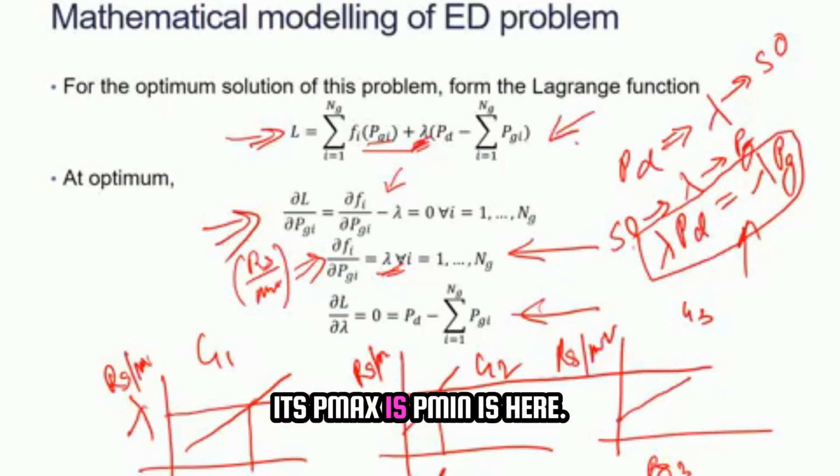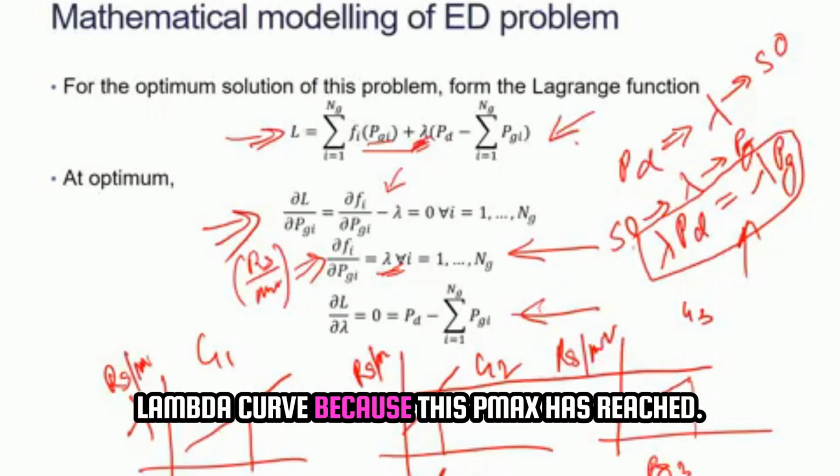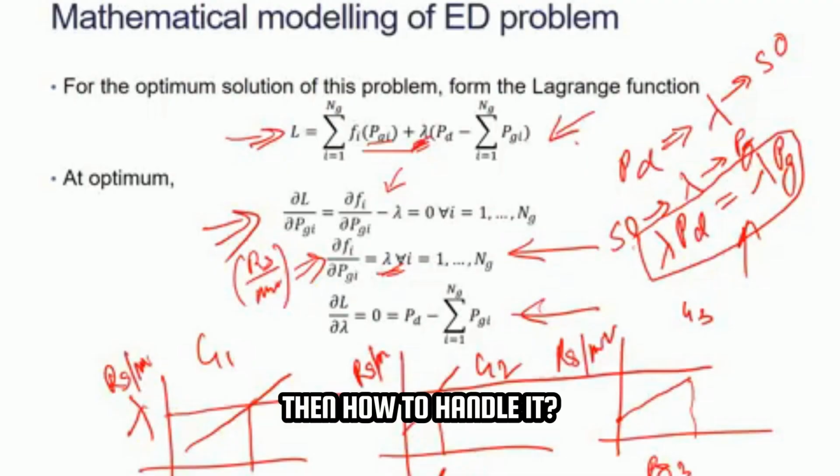Its Pmin is here, and this is the Pmax. Now this generator is not touching this lambda curve because its Pmax has been reached. Then how to handle it? Let us see that in the next slide.